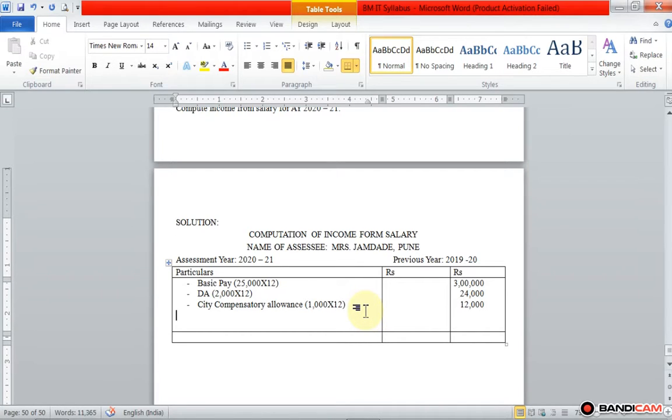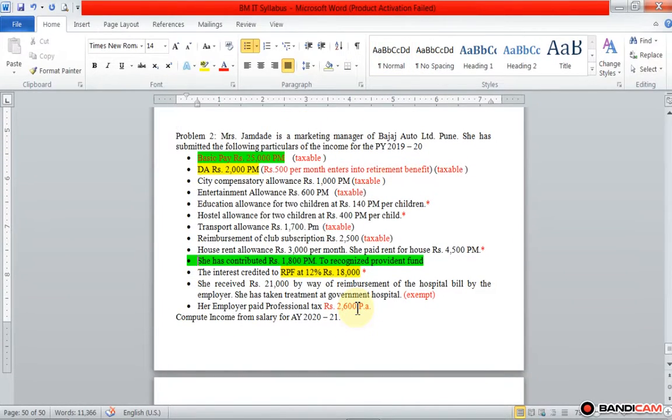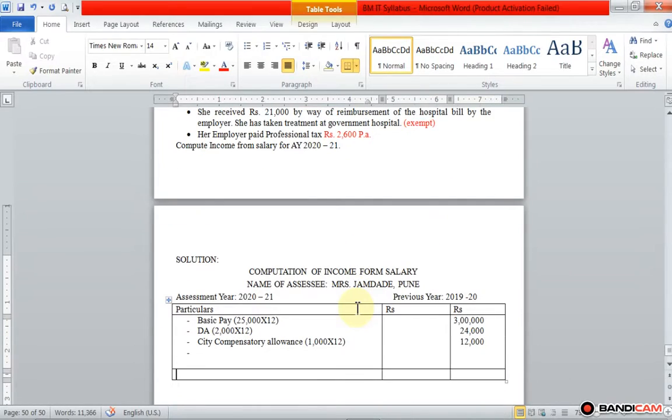Then entertainment allowance: the whole of entertainment allowance is taxable.